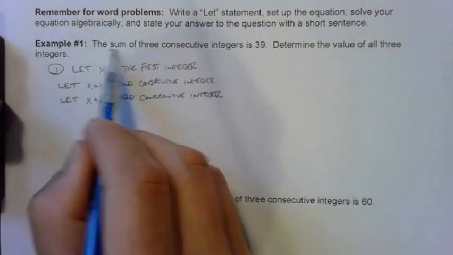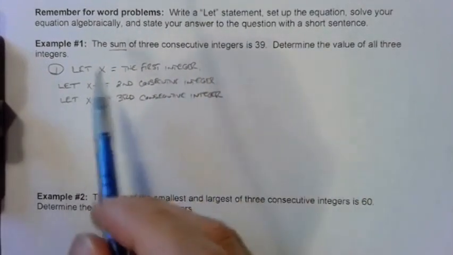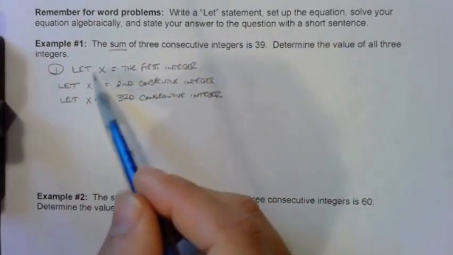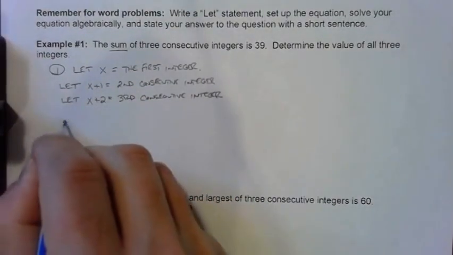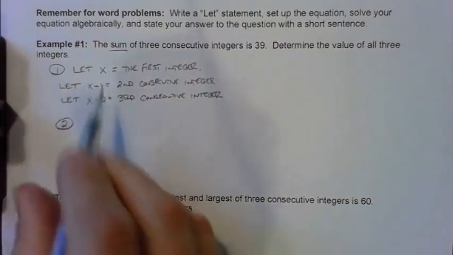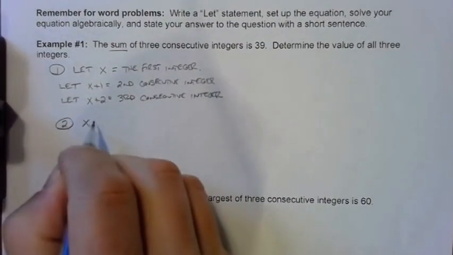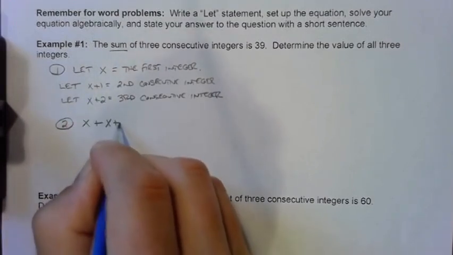It says that the sum of those three consecutive integers is 39. So what I need to do is take these values that I've used for my integers and add them together. So in step 2, when I write down my algebraic equation, my first integer was x. I'm going to have to add that to my second integer, which was x plus 1.